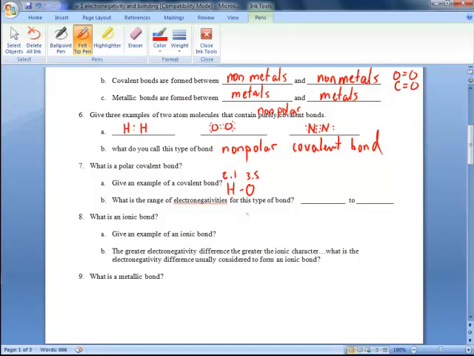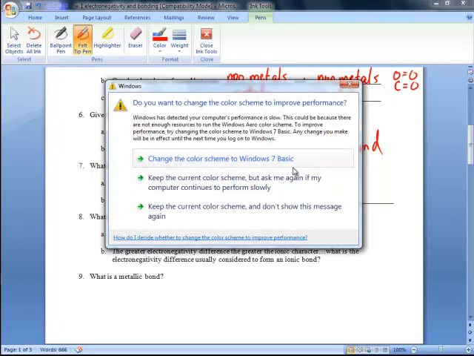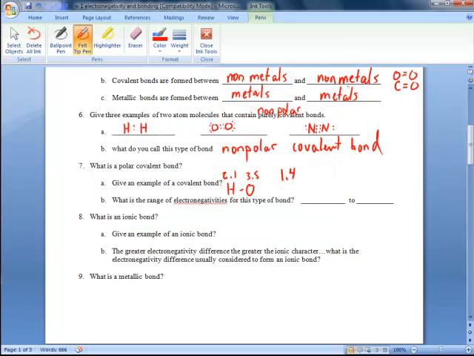So the electronegativity difference here is 1.4, and that's large enough to be polar covalent, but small enough to still be covalent rather than ionic.